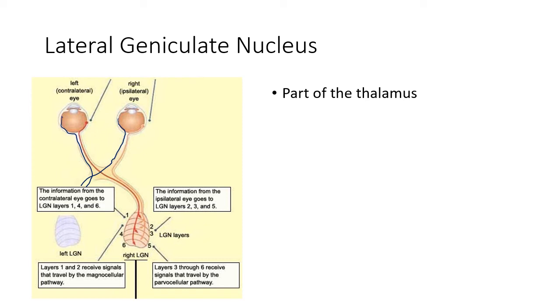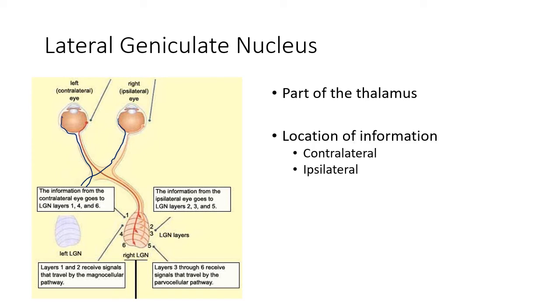Some of the layers go contralaterally, and some of them go ipsilaterally, meaning contralaterally they go to the opposite side of the brain, ipsilaterally they go to the same side of the brain. There are 6 layers of the LGN. 3 layers are responsible for contralateral, 3 for ipsilateral.